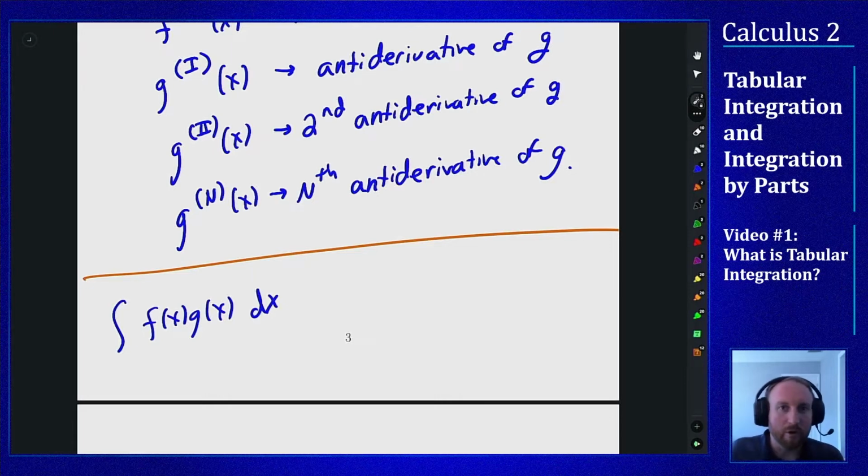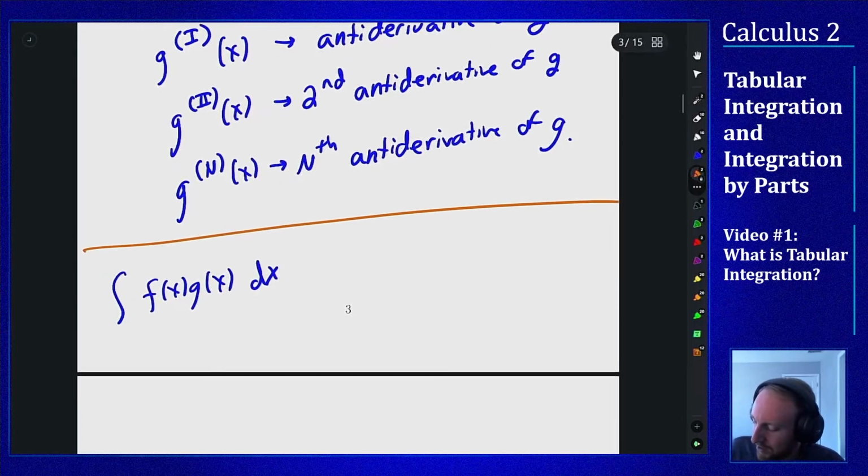What I've seen most places for tabular integration is it starts with this here. Now I want to do integration by parts with this setup. Let's assume for the sake of this that I want to differentiate f and integrate g like it was g prime in the original formula. We have g instead. So if I write that out, what I have is that my u, in integration by parts, I prefer the uv notation, so I'm going to use that for my examples here, is f of x, and my dv is g of x dx.